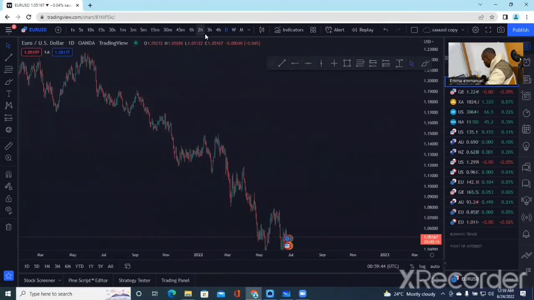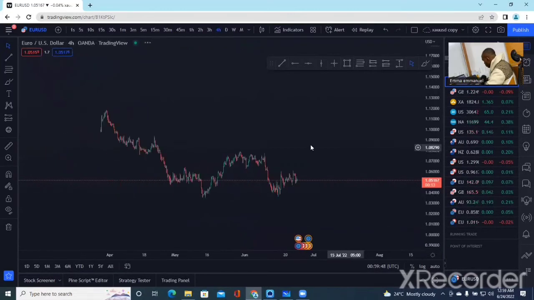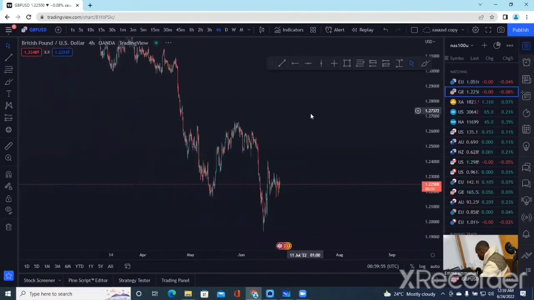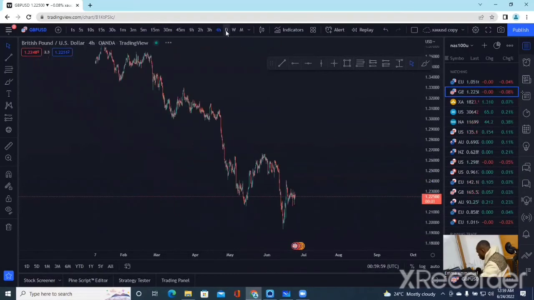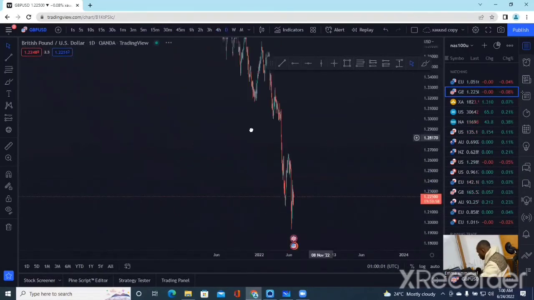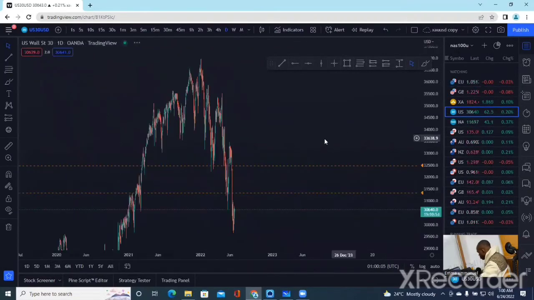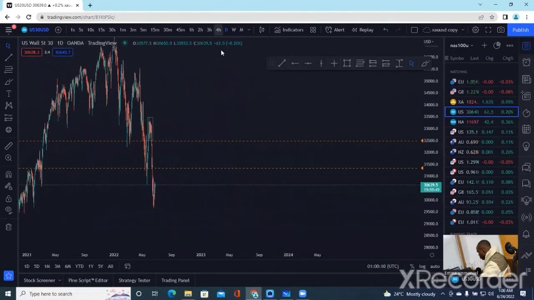Let me find a good structure to explain to you guys for more understanding. So I go to GBP USD. Let's see what GBP USD is doing. Go to daily. Go to US 30. Okay, let's go to 4 hours.